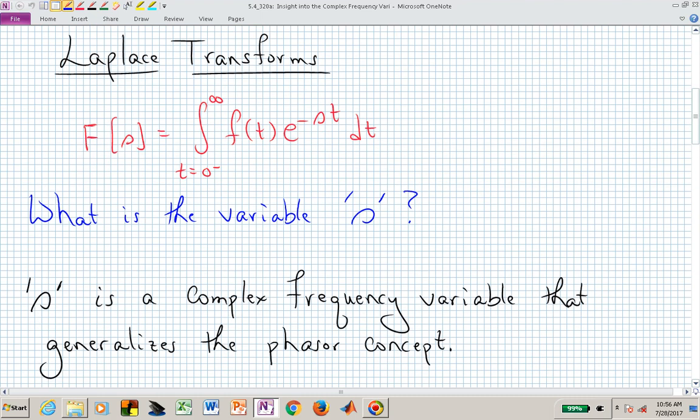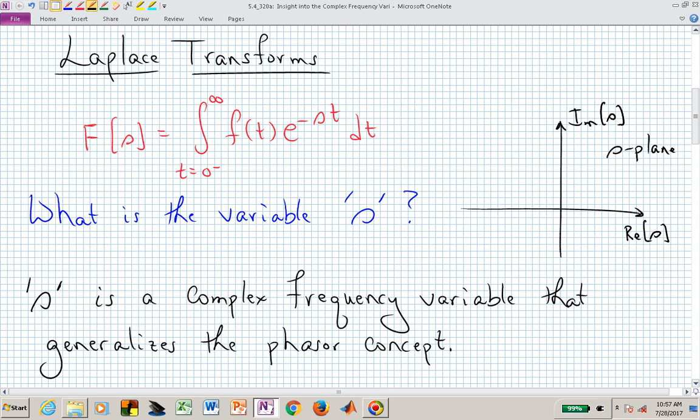s is a complex frequency variable. Now try to keep in mind, as you're thinking of s, that it could be any point in this complex s-plane.